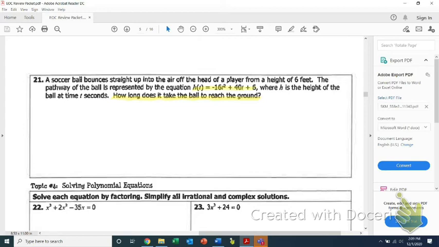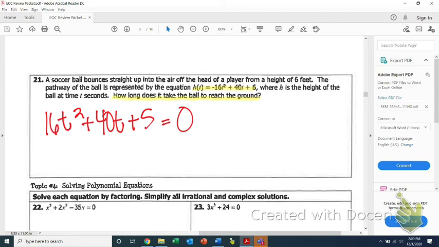Well, when something hits the ground, what is the height of it? If it's on the ground, the height is obviously 0. So all you're doing is setting this equation equal to 0, and you are solving a quadratic using the big X, whatever.